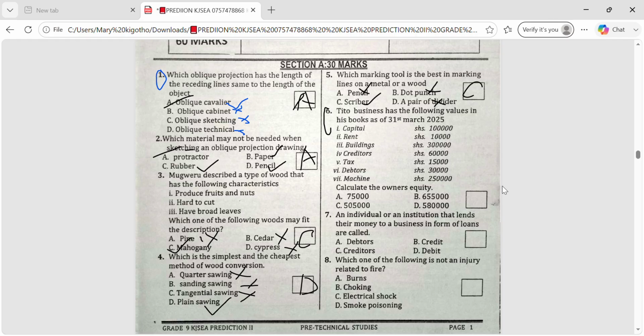We can see capital, rent, building, creditors, tax, debtors and machine. So calculate the owner's equity.